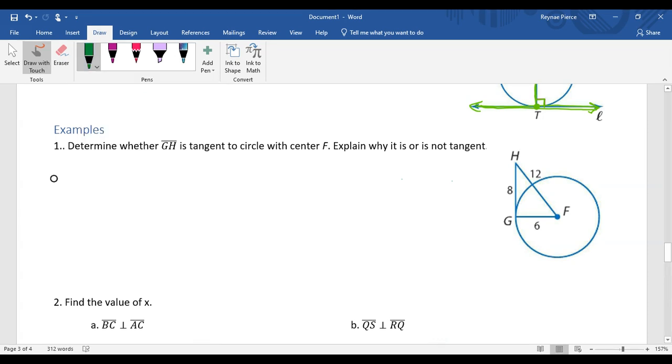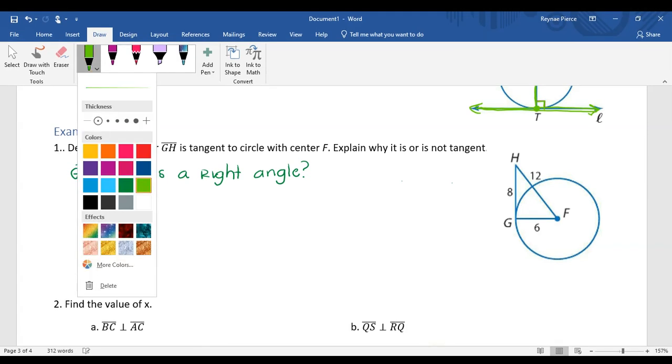First one is determining if a line or a line segment is tangent to a circle. For GH here to be tangent, we need to know that angle G is a right angle. That's the question we're asking ourselves.